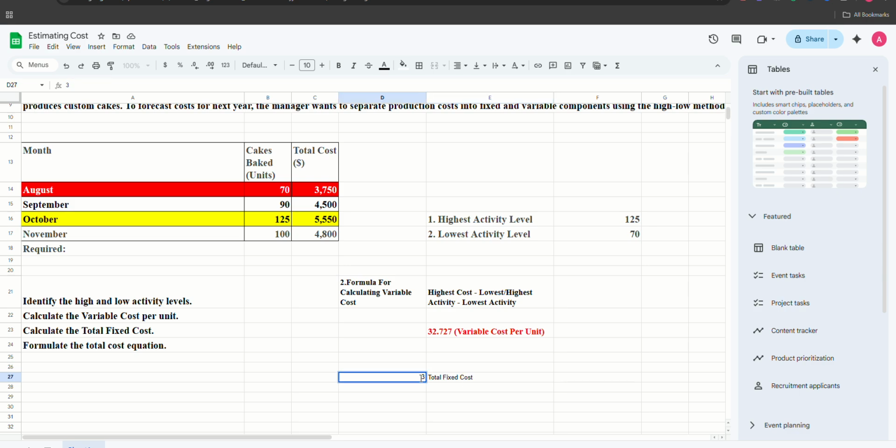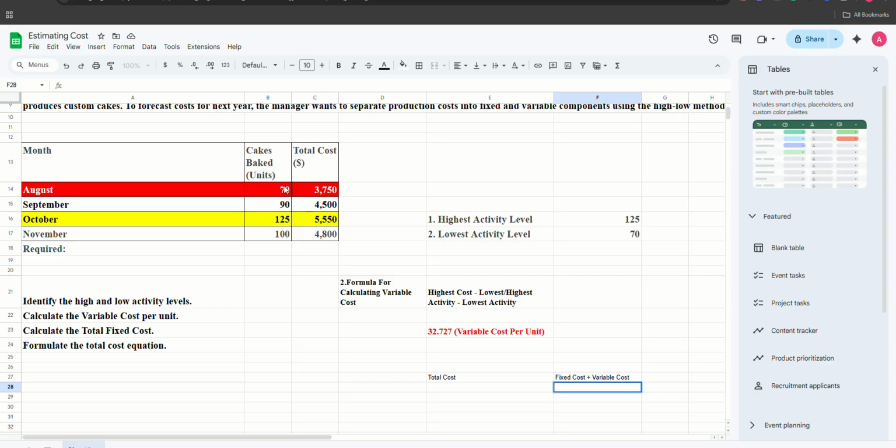Total cost is equal to fixed cost plus variable cost. So fixed cost, how much? Variable cost. Suppose if you want to calculate fixed cost using the low method, I will take 70.